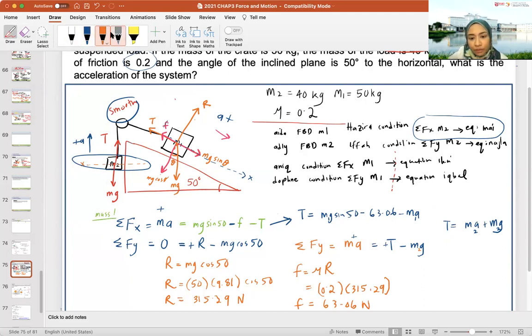I can equate them together because they are basically T. So I can say this guy, number 1, is equal to this guy, number 2, because T is equal to T.